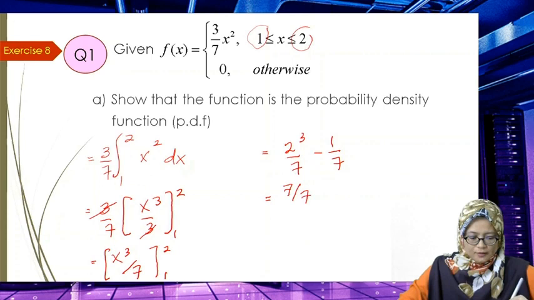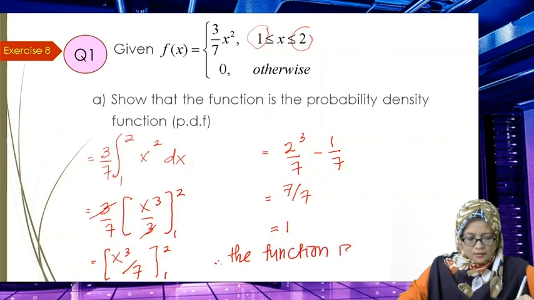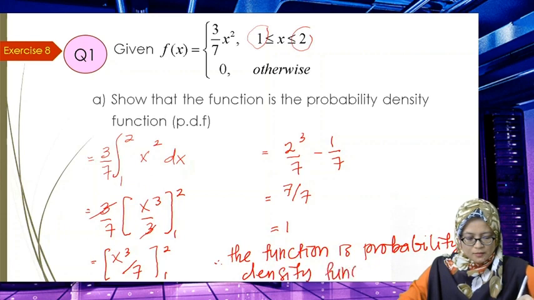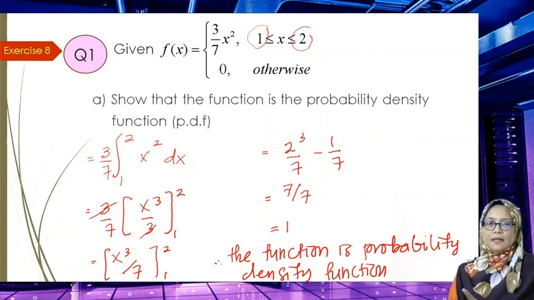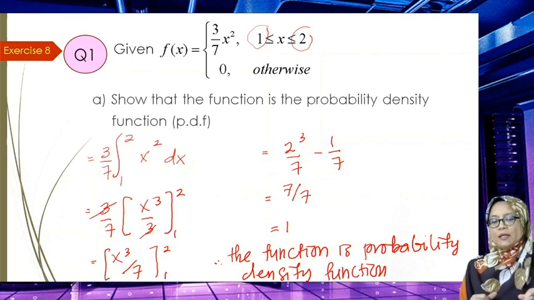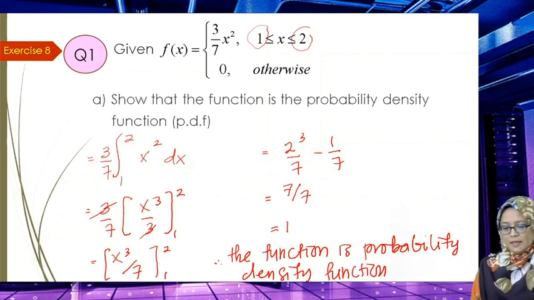So 7 over 7 is equal to 1. So this means that kita akan conclude the function is a probability density function. So means that you integrate dia punya function dalam interval yang dia bagi tu, mesti dapat nilai dia 1. Then baru kita conclude that is probability density function.